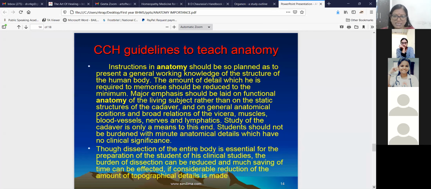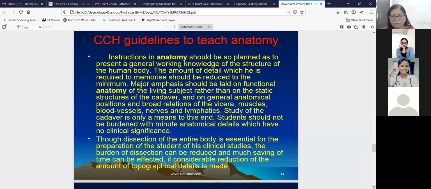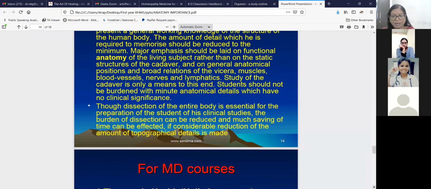These are some of the CCH guidelines, how to teach anatomy and all. So CCH is the Central Council of Homeopathy, New Delhi, and they have given certain guidelines to teach anatomy for you people. Okay. So they have also mentioned that study of the cadaver is a means, okay, for the students, and they have asked that minute anatomical details need not be taught to you.